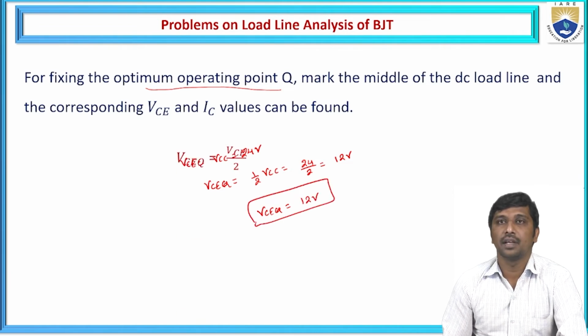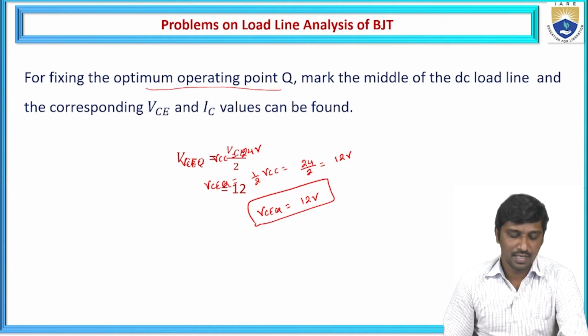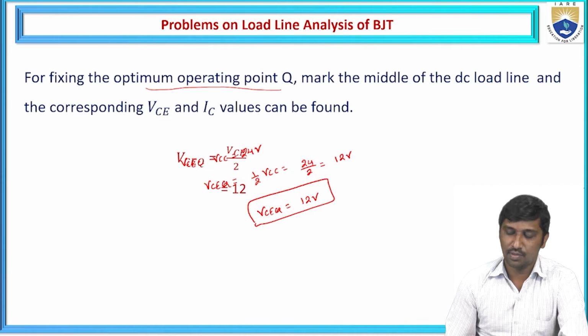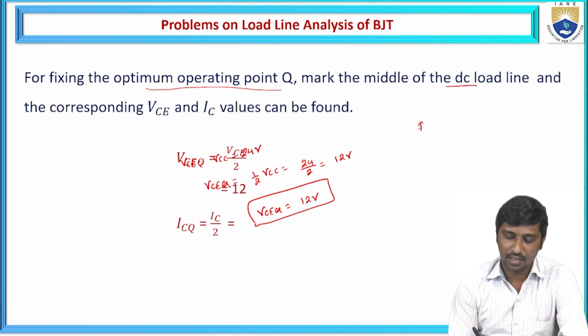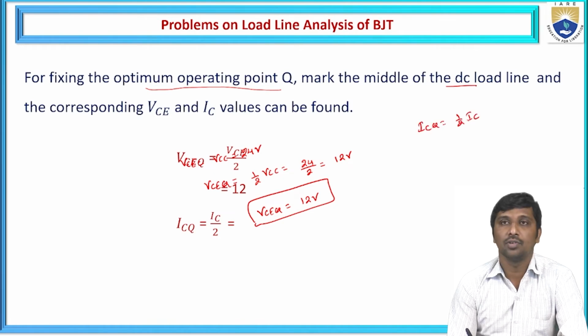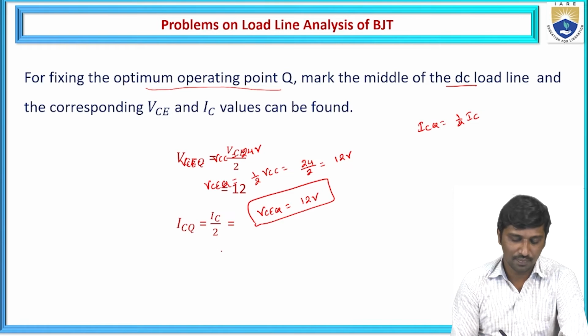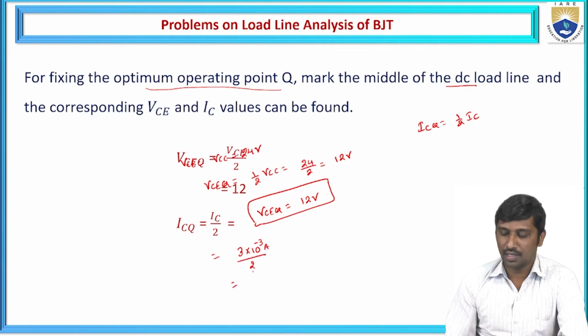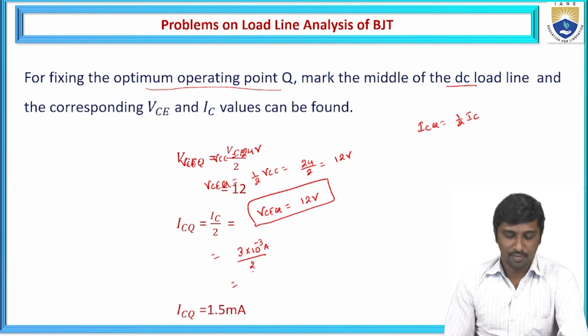So I represent the same. And similarly, we need to calculate IC. What is the ICQ parameter? Based on the statement, ICQ is also the center of the DC load line, hence I need to write half of the IC. The IC value is 3 milliamperes, that means 3 into 10 power minus 3 amperes by 2, which is nothing but 1.5 milliamperes.